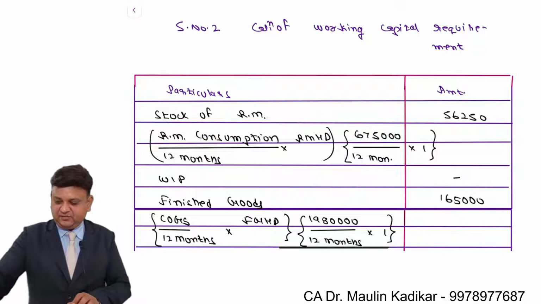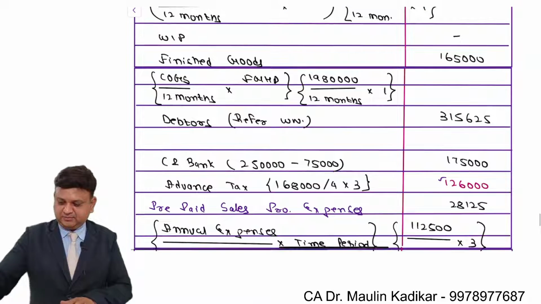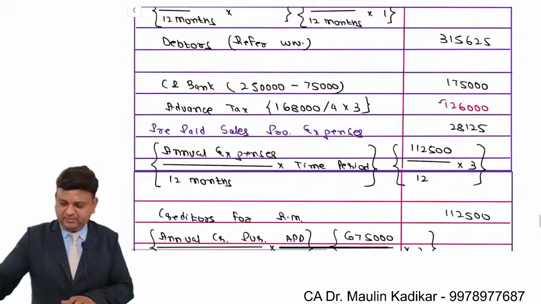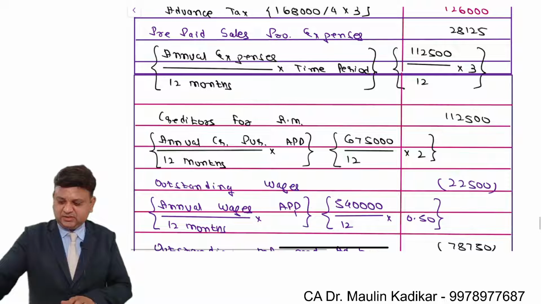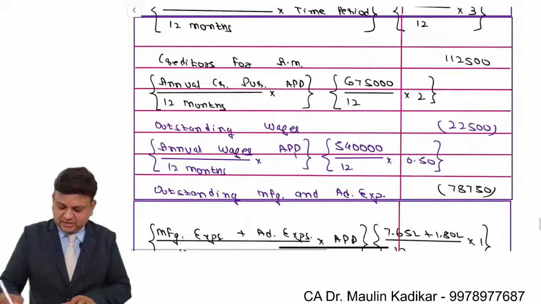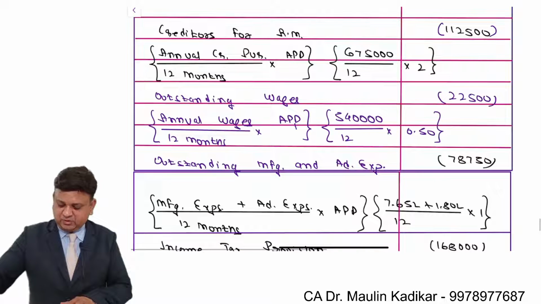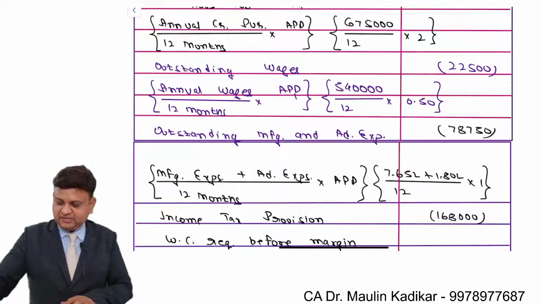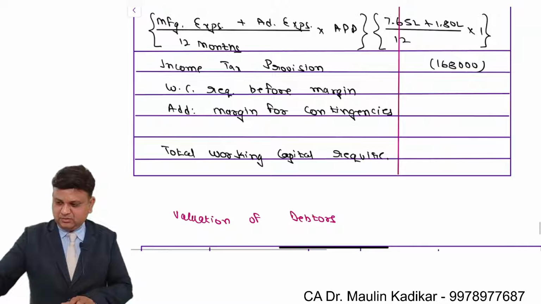So finally, 56,250 plus 1,65,000 plus 3,15,625 plus 1,75, 126, 28,125. 1,12,500 is to be deducted. 22,500 to be deducted. 78,750 minus 1,68,000.